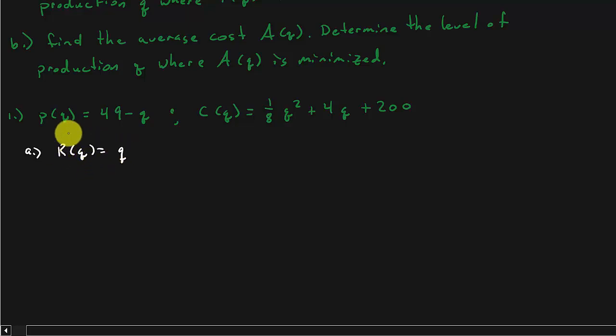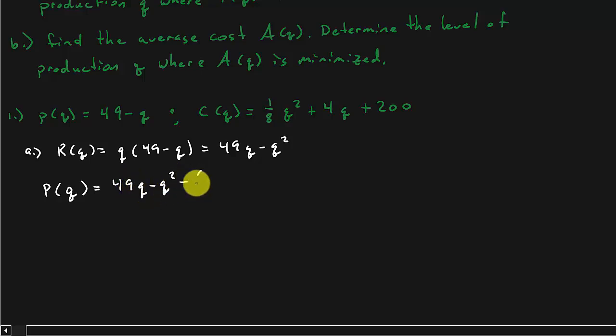Well, that's just Q times the price, which is 49 minus Q. So that's 49Q minus Q squared. There's the revenue. So our profit function is revenue minus cost.